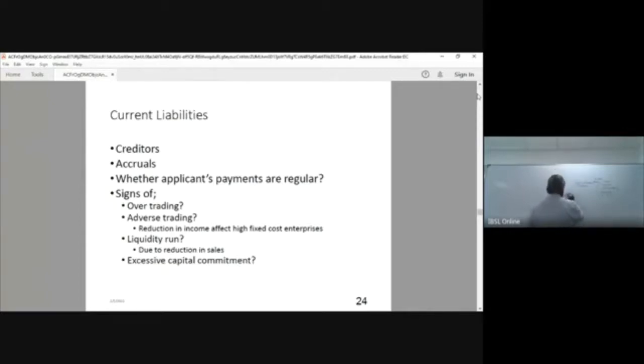The other one, working capital investment.